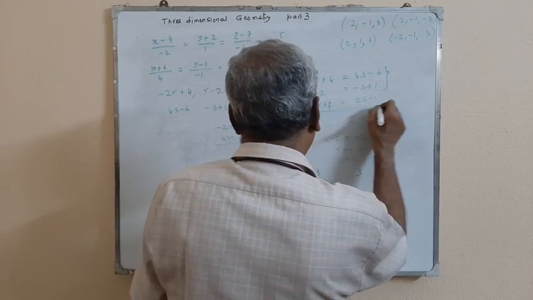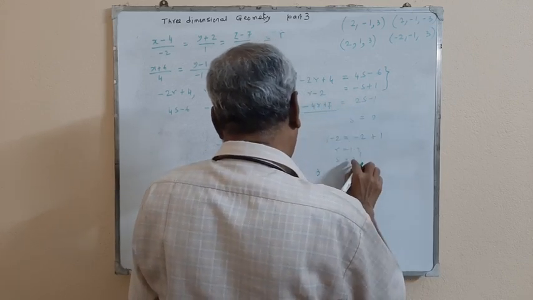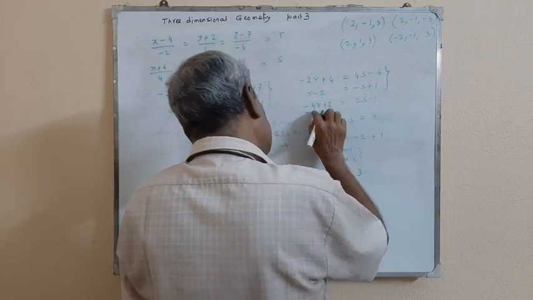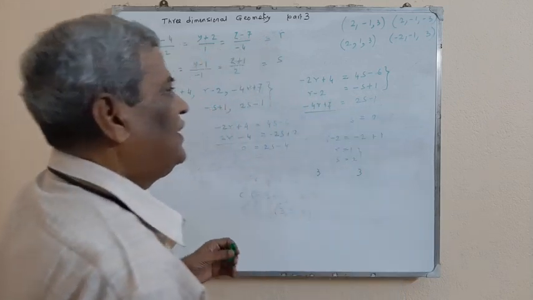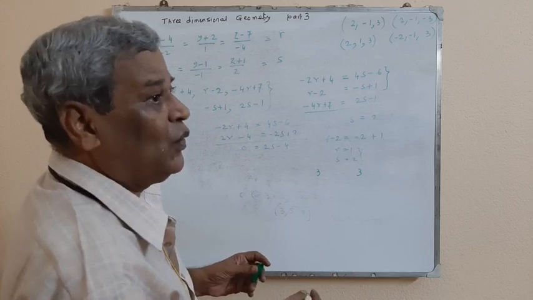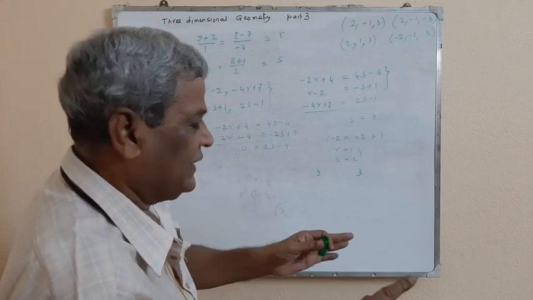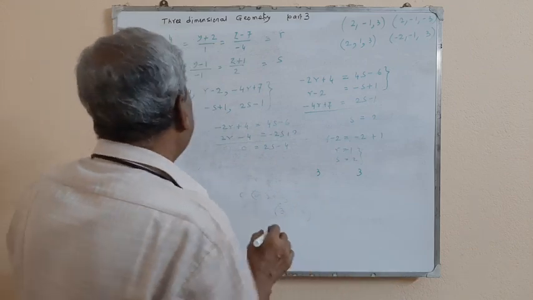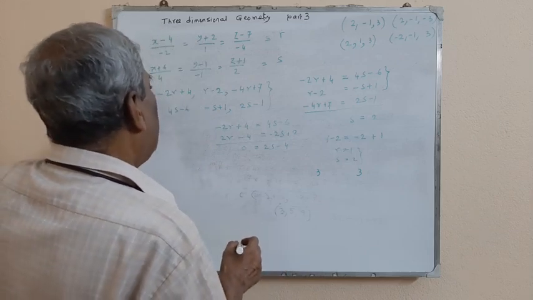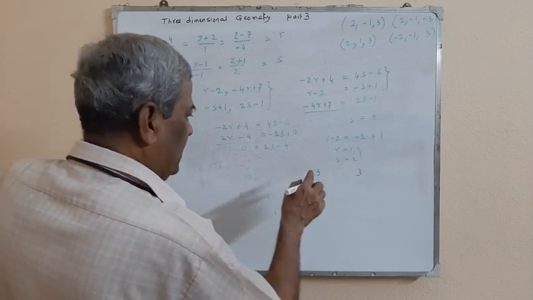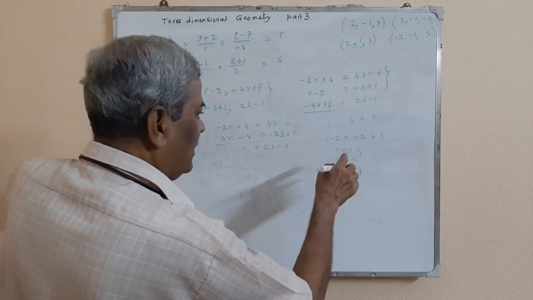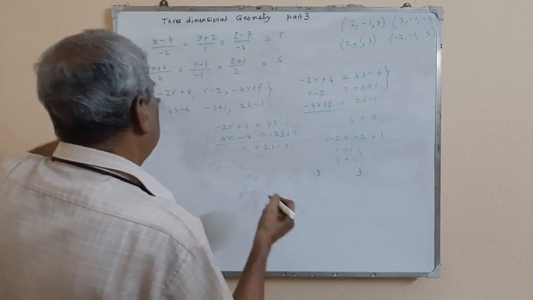So these two values, r is equal to 1 and s is equal to 2, are satisfied by the third equation. So we can claim now that they meet at a point, and the meeting point is obtained from either one by putting r equal to 1 or s equal to 2.